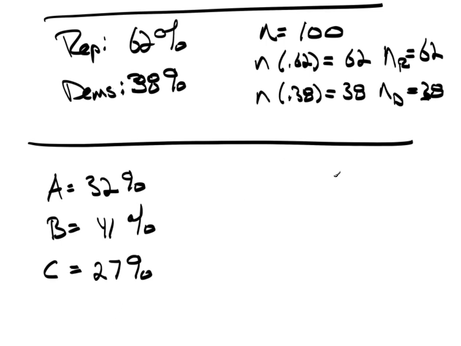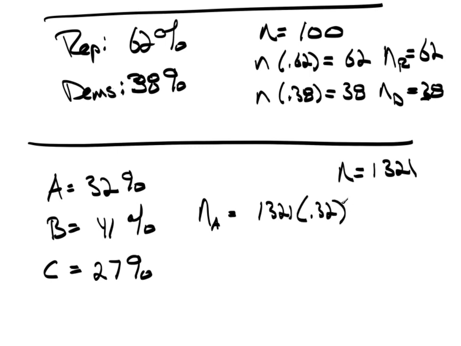And let's say that my sample size is 1,321. So how many do I take of each? Well, N sub A, the number from group A, will be 1,321 times 0.32, which is 422.72. I'm going to leave that decimal for right now.